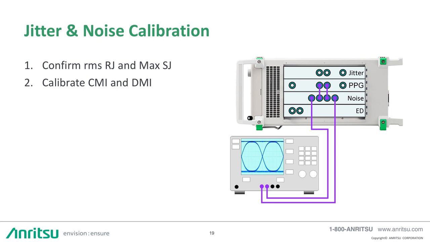In step 2, to calibrate the common mode and differential mode interference, connect the BERT pattern generator output to the highest loss, that is, the longest trace of the variable ISI test board, the compliant 37 decibel channel.